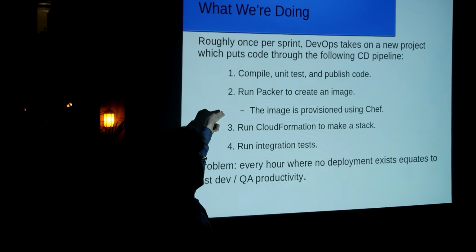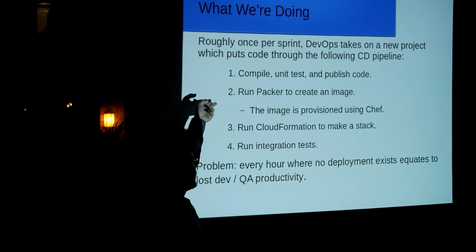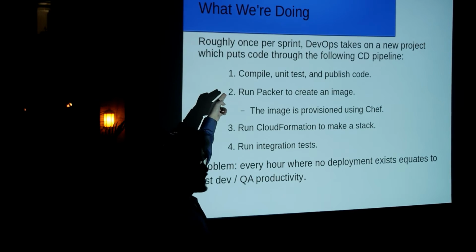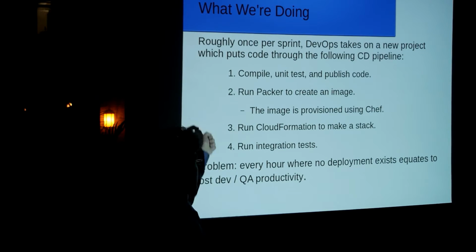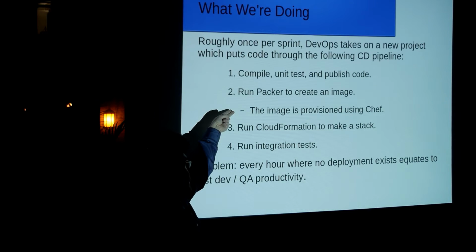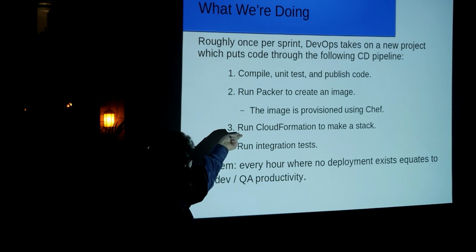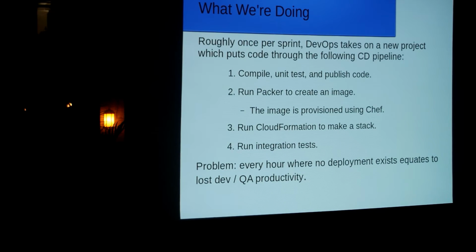This stage will actually end up taking in the project name and some parameters from this job, which is ultimately where the code lives in source, where we would get all of that from. This job, for instance, is going to take in an AMI that this one just baked. This one is going to take in a stack that this one just made. So everything is based on parameter passing.